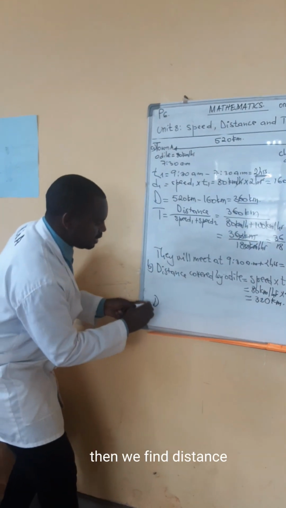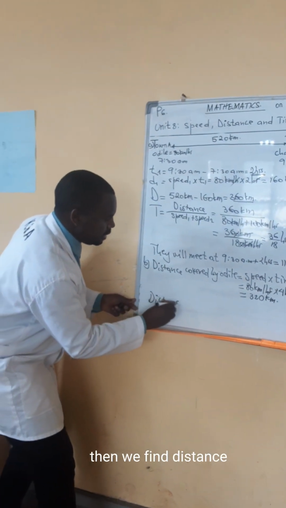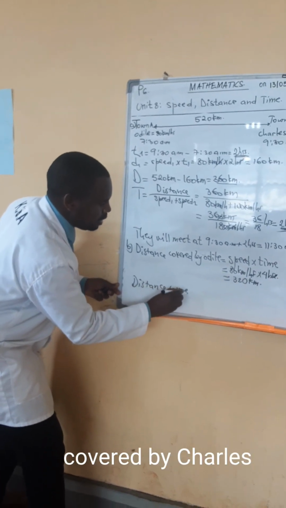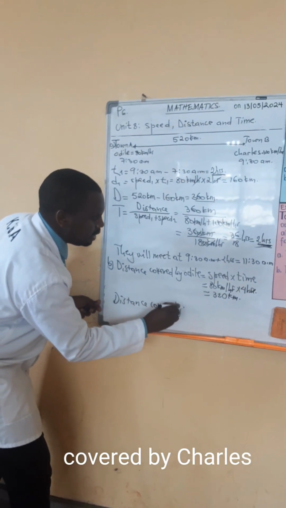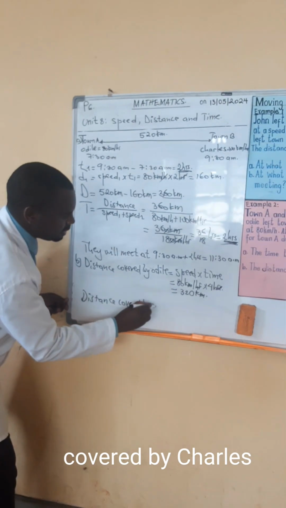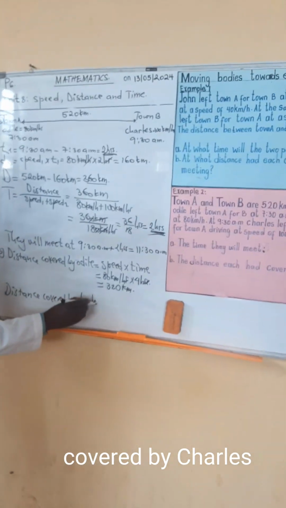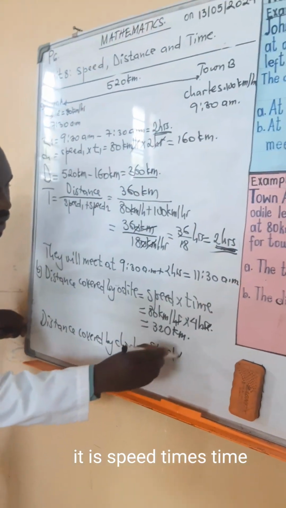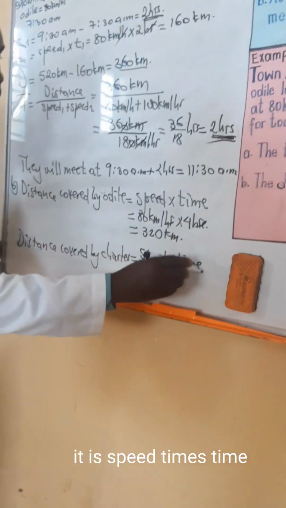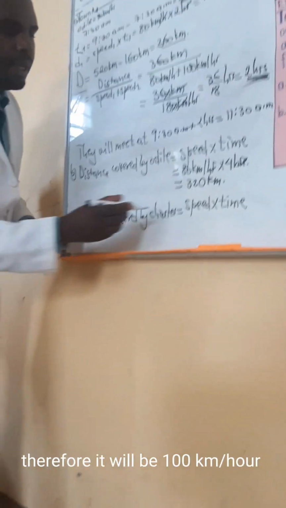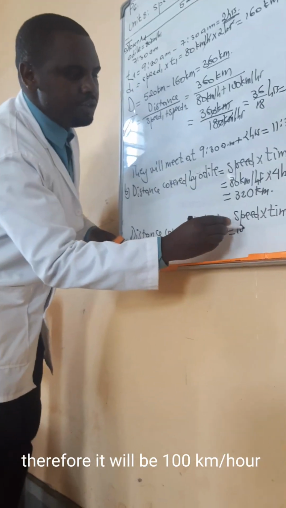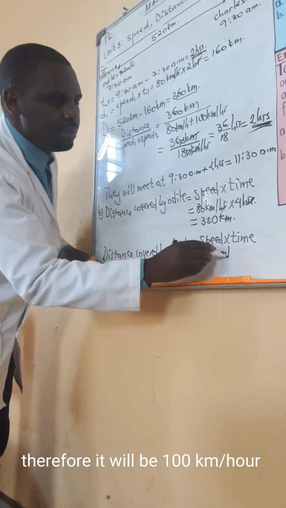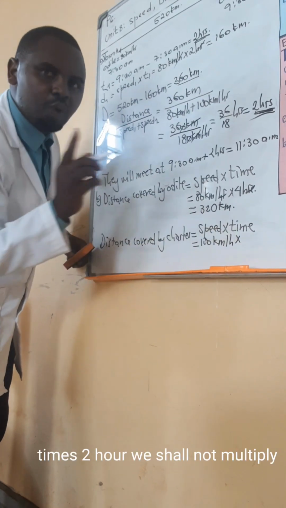Then we find the distance covered by Charles. It is speed times time. Therefore, it will be 100 kilometers per hour times 2 hours.